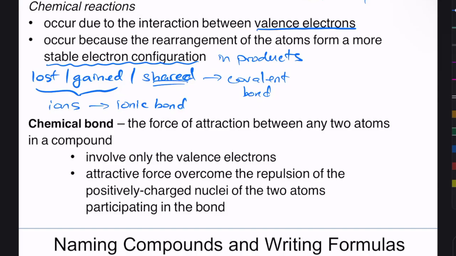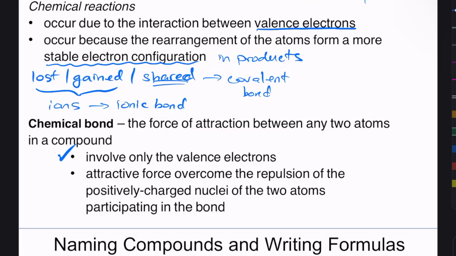But the bond itself is just a force of attraction between any two atoms, whether it's ionic or covalent. Okay, it's just an attractive force. And it involves only the valence electrons. And as we'll see in a moment, there's a balance between the attractive force of the bond and, when atoms get too close together, what's at the center of each atom?